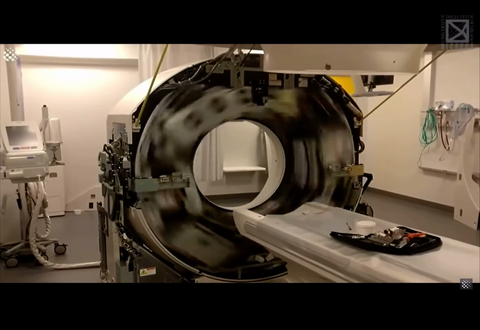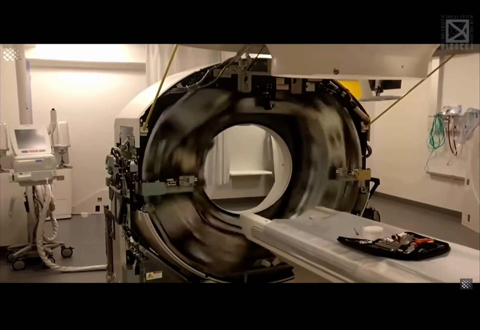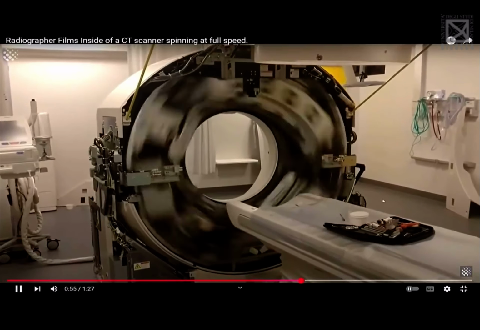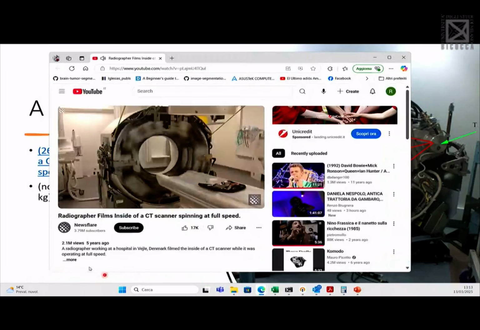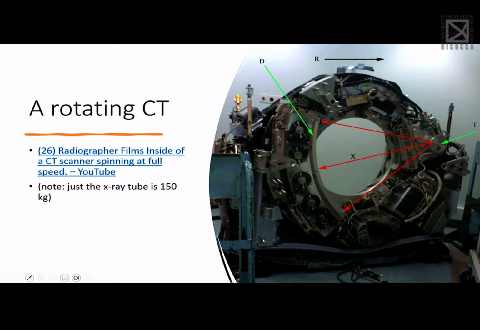So if the detector was vibrating by 1 millimeter, you would lose all of that. So this is quite a hard technology, let's say. But they managed to do that.